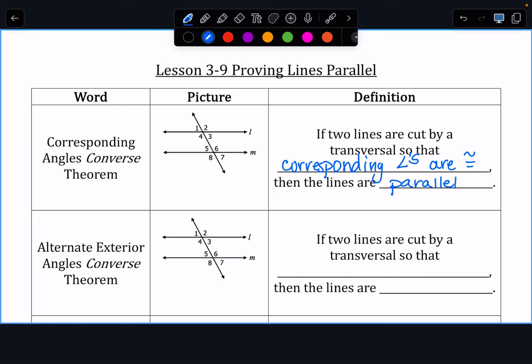Okay. So in this picture, does it say anything? Are there parallel markings in this picture?